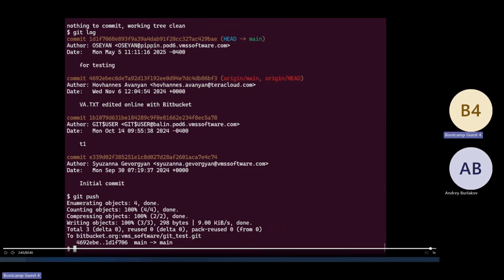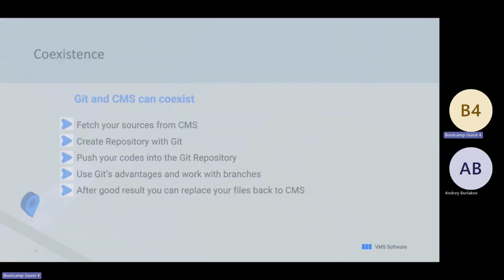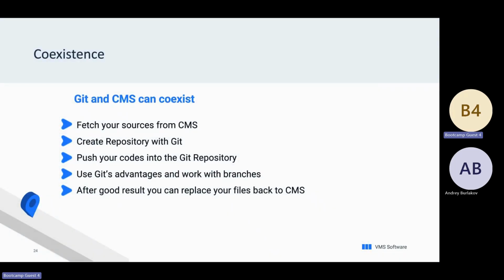So yeah, seems that's it. I want to summarize with the coexistence between Git and CMS. If you already use CMS, you can still keep using CMS, and you can use the advantages of Git: create a repository with Git, fetch your code from the CMS, and use all advantages, merging, branching, and so on.